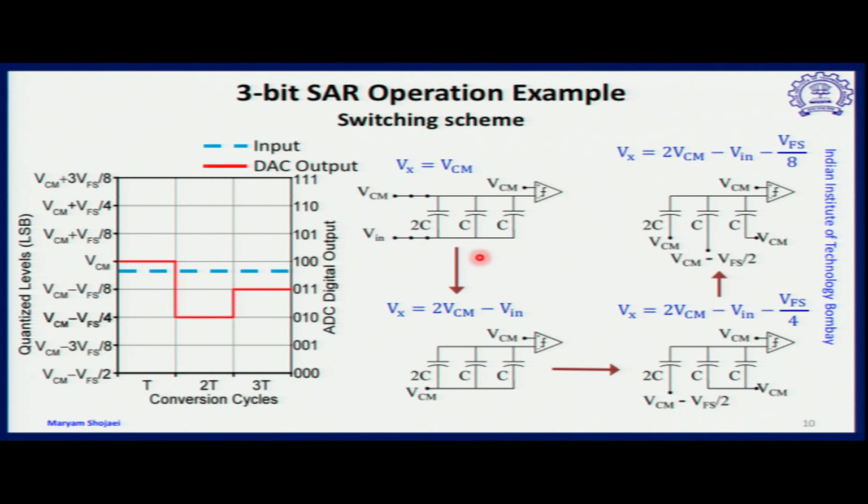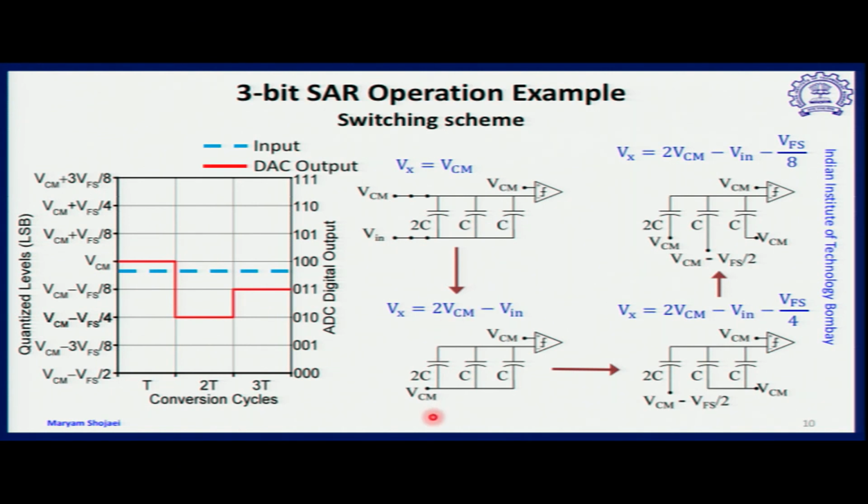First, we have the initialization. This is the same initialization step where we connect the top plate of the capacitors to VCM and the bottom plate to Vin. Eventually, we are charging all capacitors to VCM minus Vin. These capacitors are binary weighted, and we have one capacitor with value C, which is the unit capacitor available, in addition to the LSB capacitor.